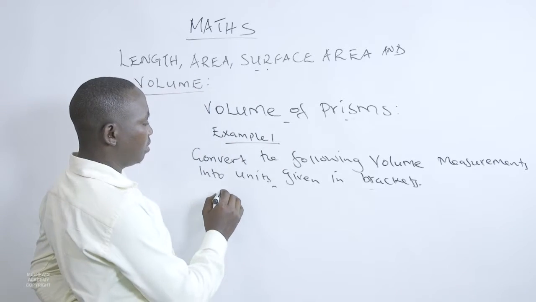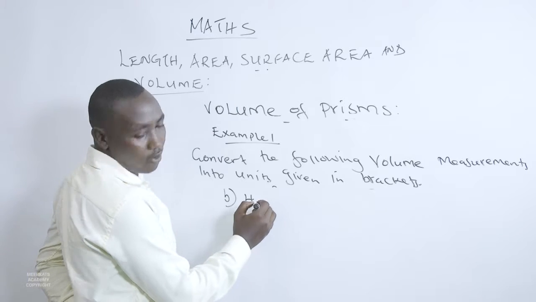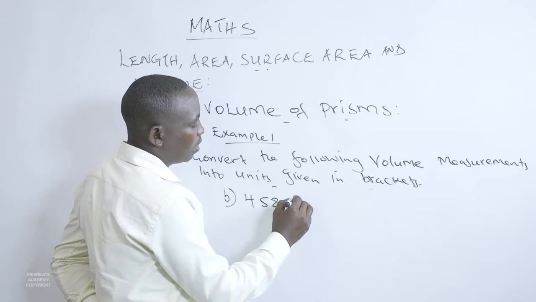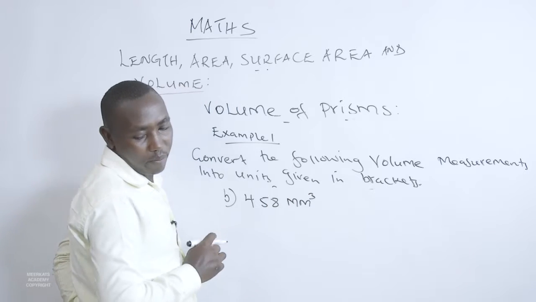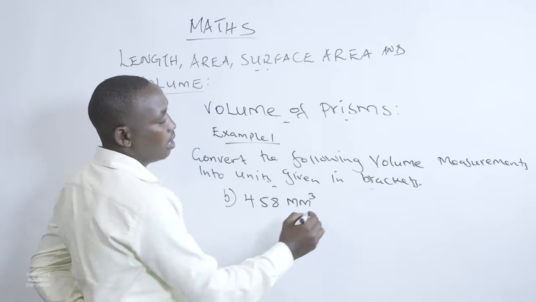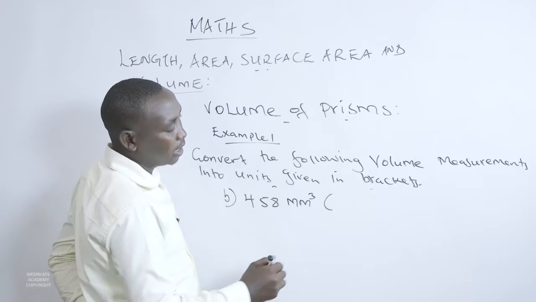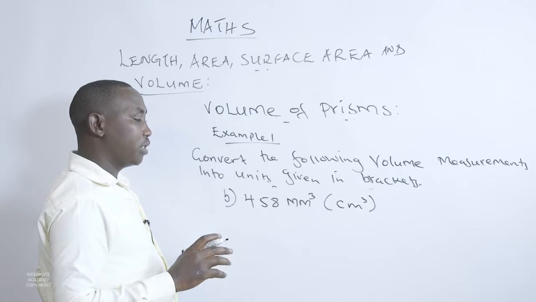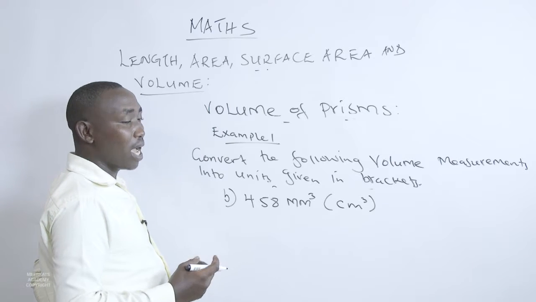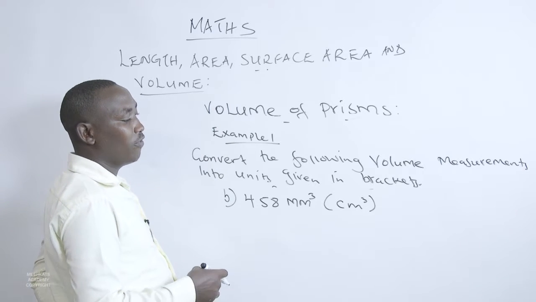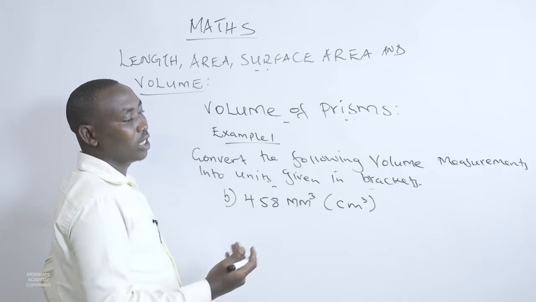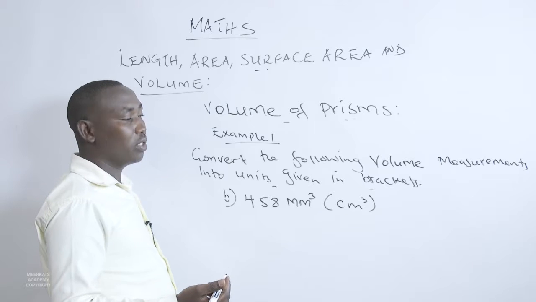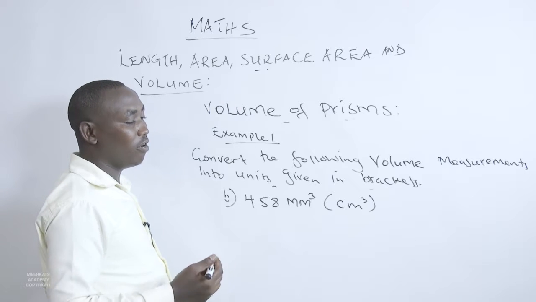Part B, we have 458 millimeter cubed, which is supposed to be converted to centimeters cube. Again, we recall from the introduction that to convert from millimeter cube to centimeter cube, you are going back, and therefore you need to divide through by the cube of 10.